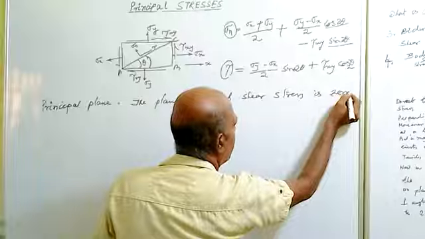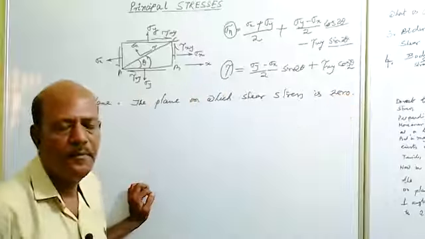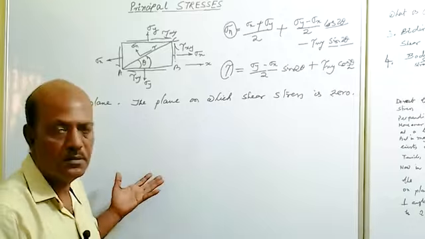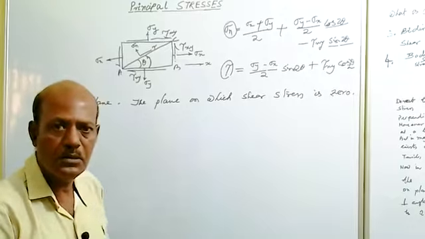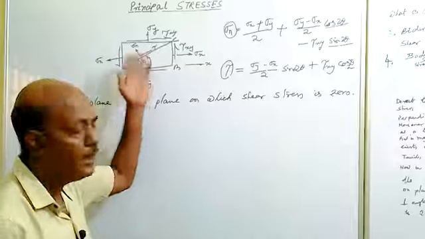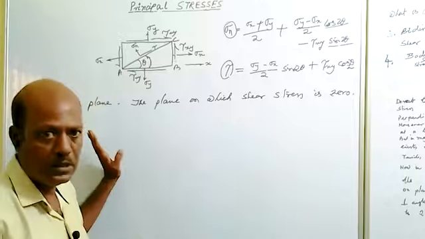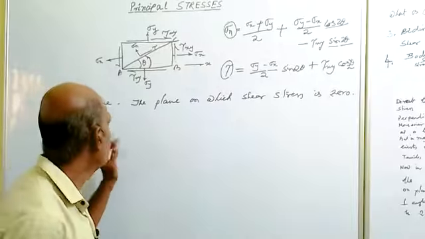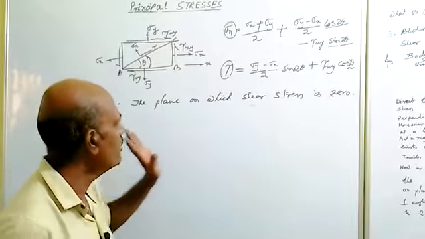That plane is known as the principal plane. On the principal plane only normal stress will exist. So shear stress is 0, so only normal stress will be there on that principal plane. Okay, so the principal plane is the plane on which shear stress is 0.